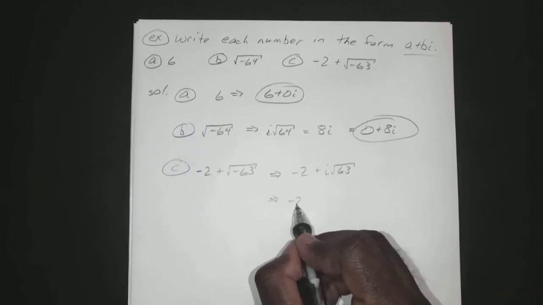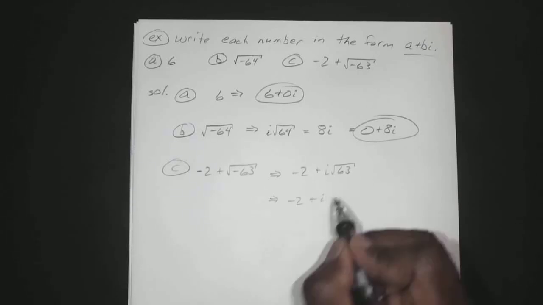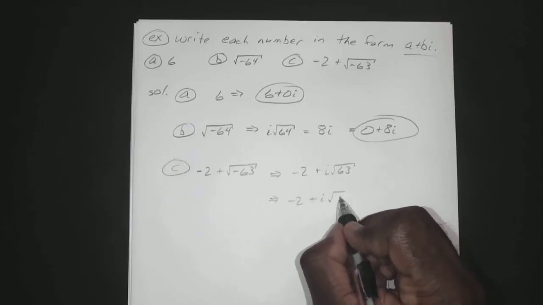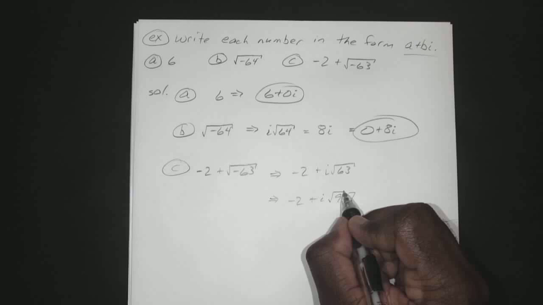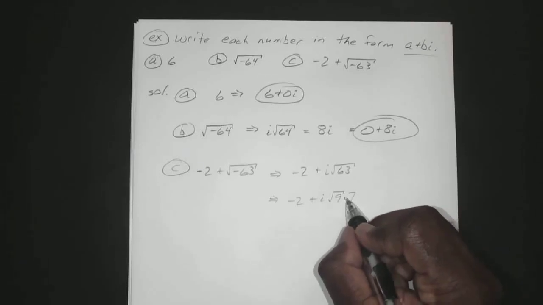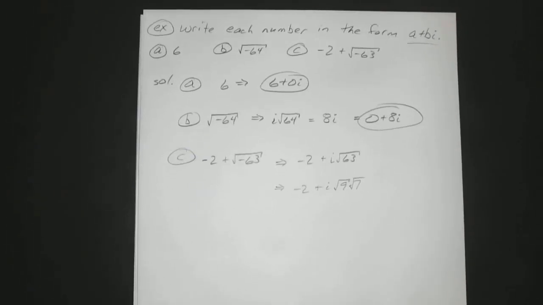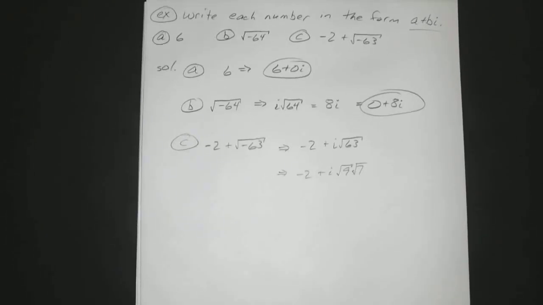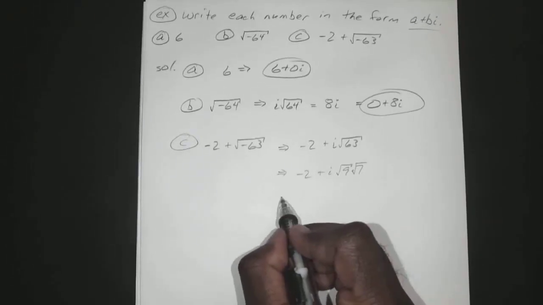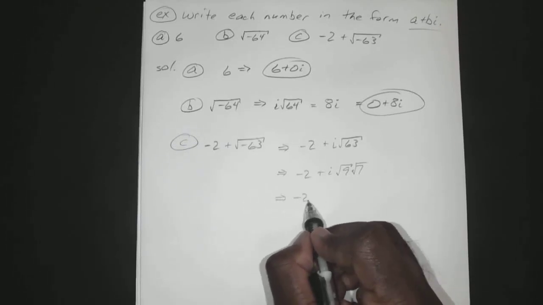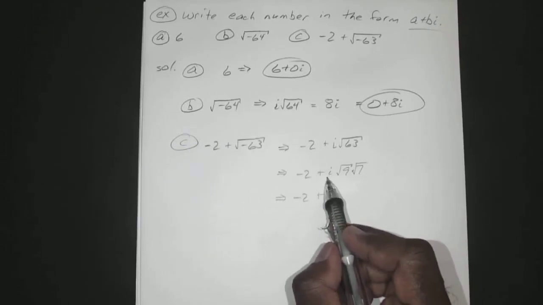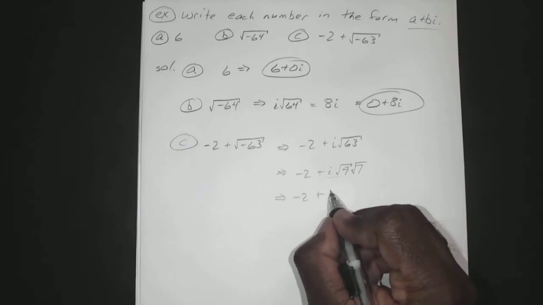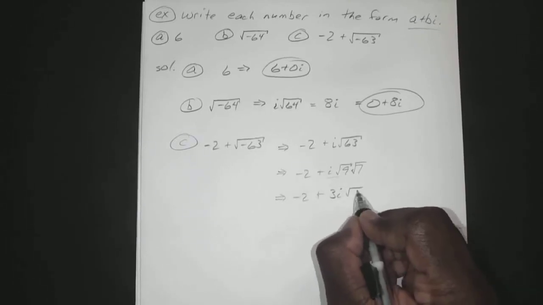So we can make that negative 2 plus i square root of 9 times 7, or we can make it square root of 9 times square root of 7, since we know we're going to separate it. Know that square root of 9 is just equal to 3. So negative 2 plus this becomes 3i square root of 7.